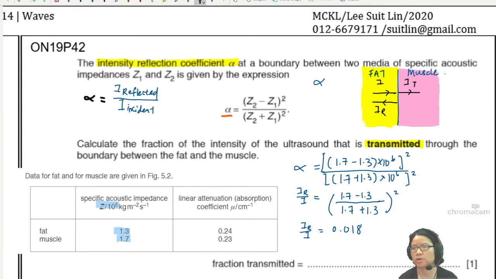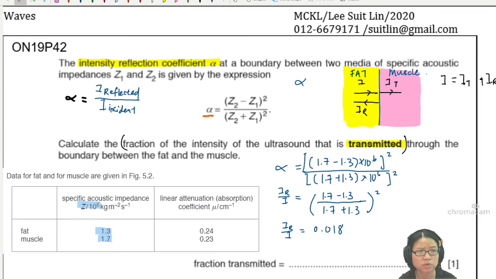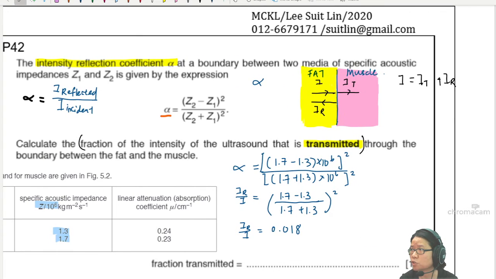So in this case, if they want the fraction of intensity that is transmitted, what do we do? We know that I is equal to IT plus IR. So I guess we can use this relationship. Let me adjust the screen a bit so you can see. Since this I is assumed to be 1, let me rearrange.